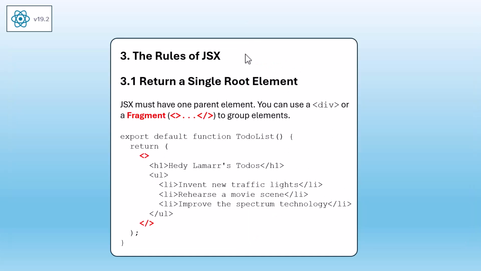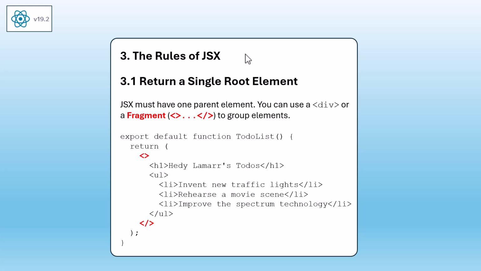3. The rules of JSX. 3.1 Return a single root element. The first rule of JSX is that your component must return exactly one root element. If you try to return multiple sibling elements, React will show an error. You can fix this by wrapping everything inside a single parent, usually a <div>.